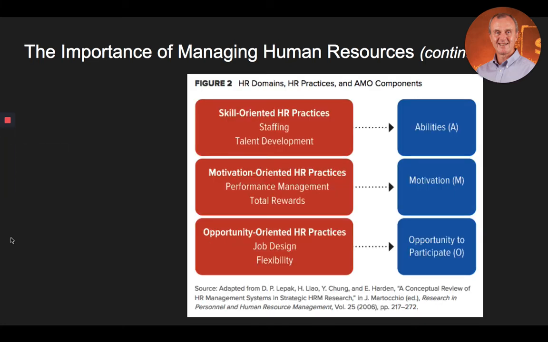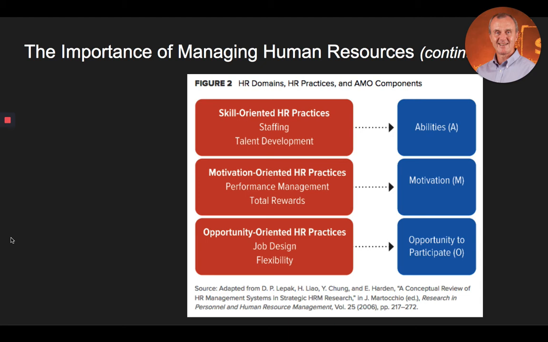As shown in Figure 2 drawn from your text, which is shown on screen, involving HR domains, HR practices, and AMO components, we can generally argue that skill-oriented HR practices are those that target the knowledge, skills, and abilities of employees, both current and future. Motivation-oriented HR practices are those used to motivate employees to excel in the job.